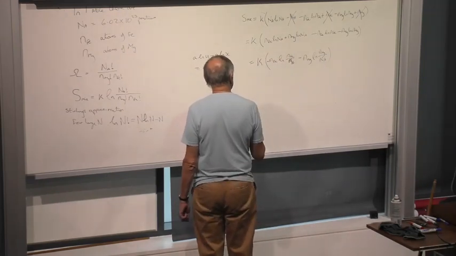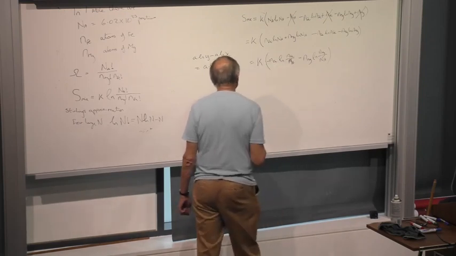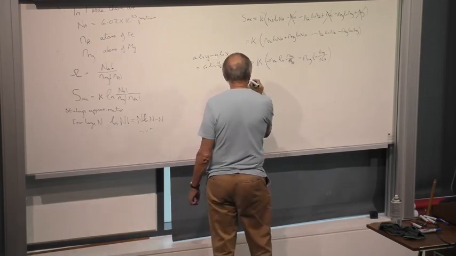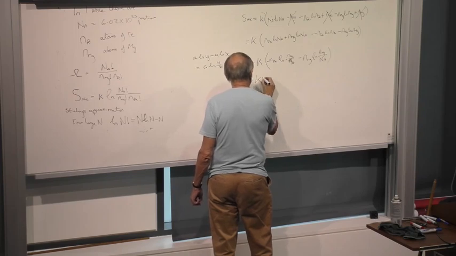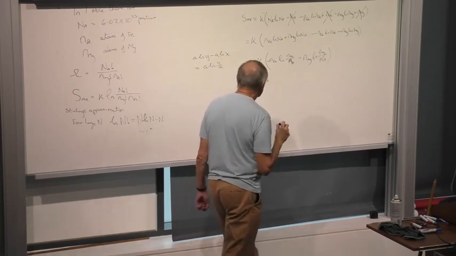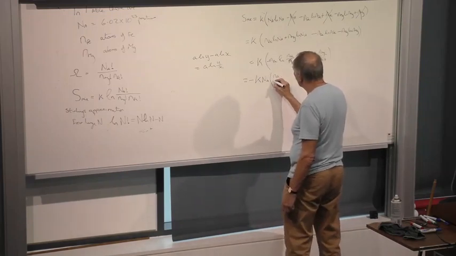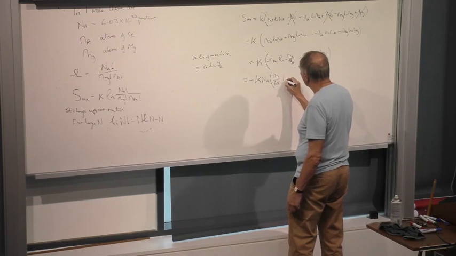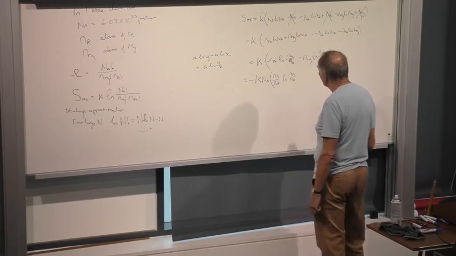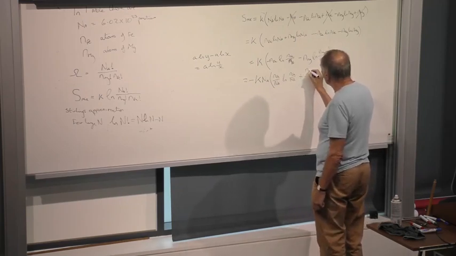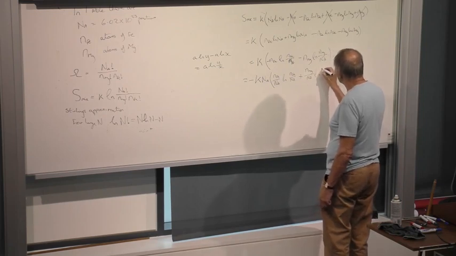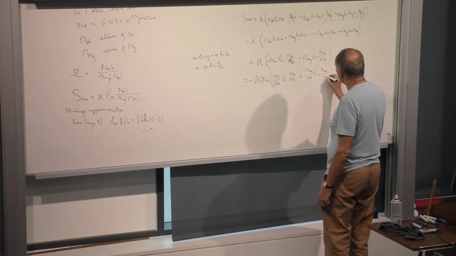So we take the minus outside and divide through here by Na, so equals k minus k times Na, Avogadro's number, remember, into NFe over Na ln NFe over Na plus NMg over Na ln NMg over Na.